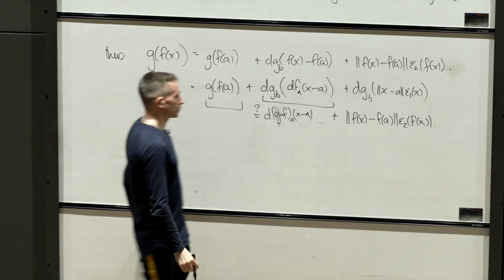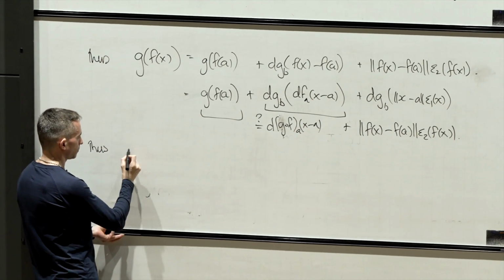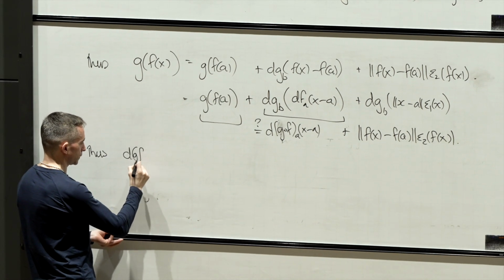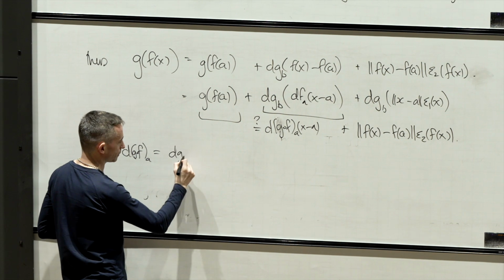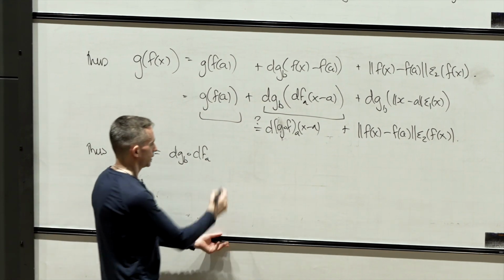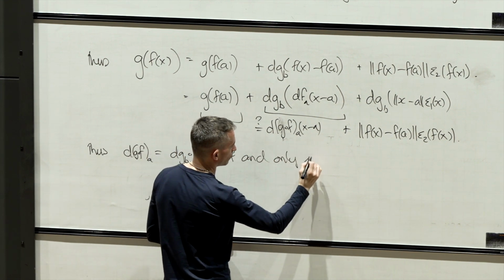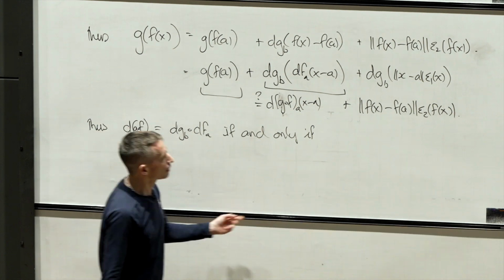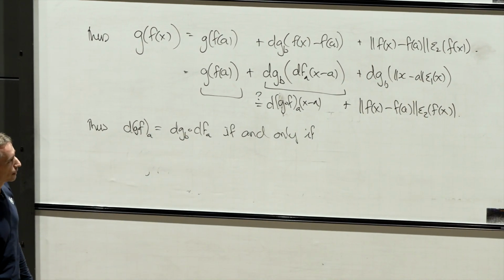So in order for that to be true, the derivative of g composed with f at a is equal to the derivative of g at b composed with the derivative of f at a if, and only if, the error when you divide by the norm of x minus a goes to 0.